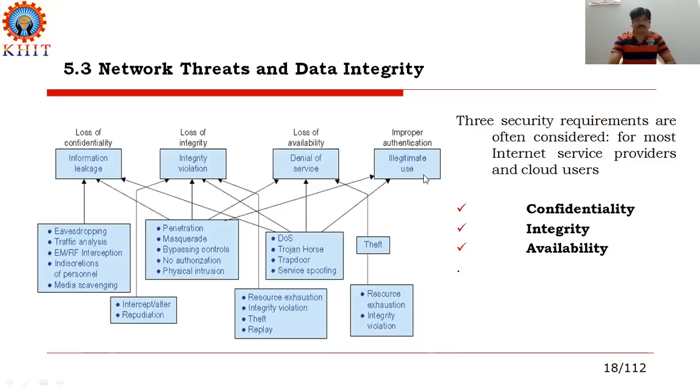Otherwise, third party members will access the data, they may store it, and your data will not be in a secured mode. These are the various network threats we face in daily life. To overcome them, our data integrity and data availability will be protected over a period of time with strong security.